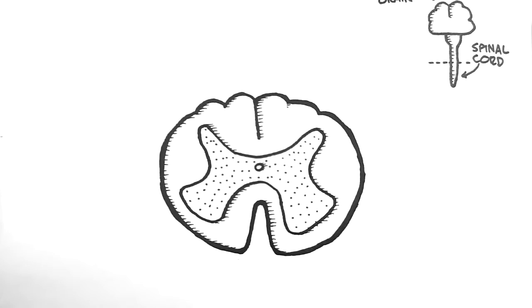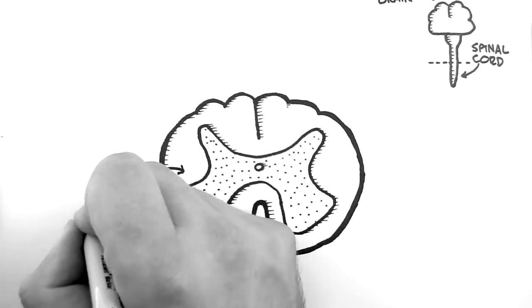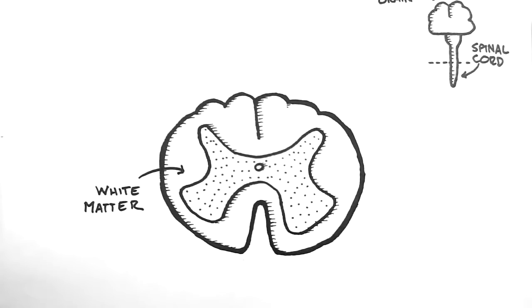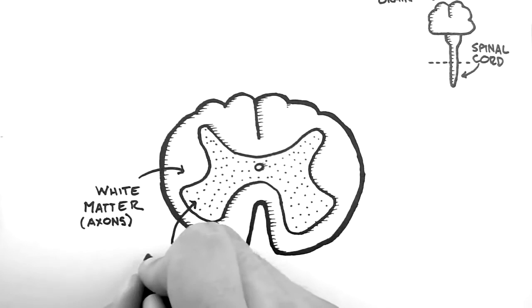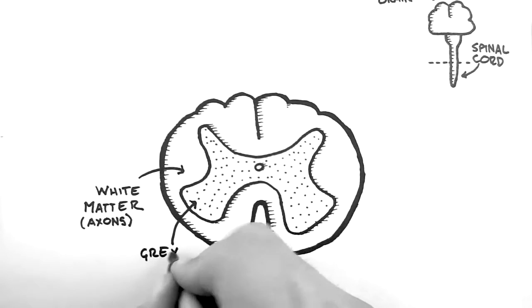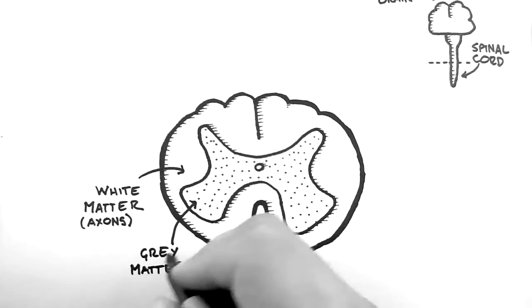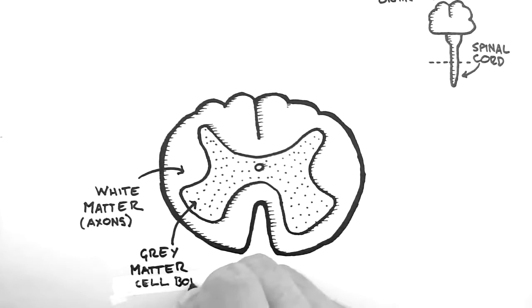The first is the white area around the outside, which we call white matter, and is comprised primarily of axons and the cells which support axons. The second is the grey matter, which is this central butterfly-shaped area, which is where the cell bodies of the neurons reside.